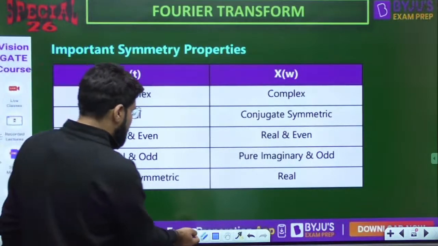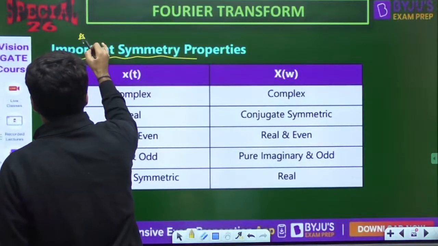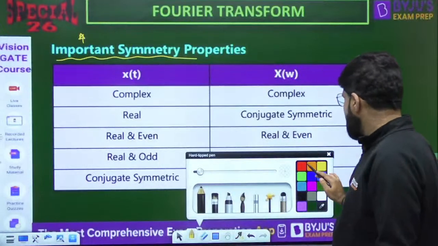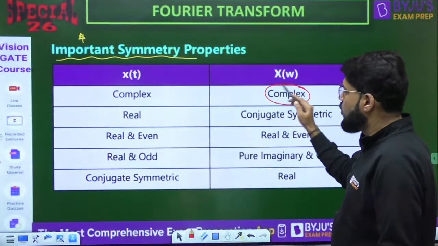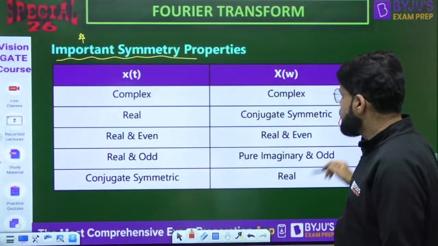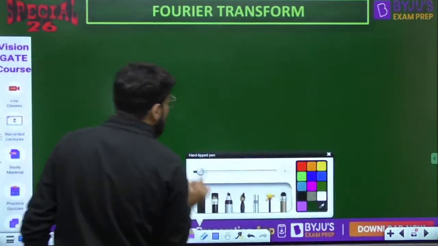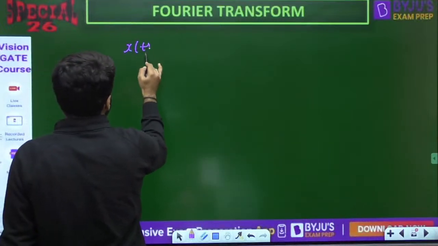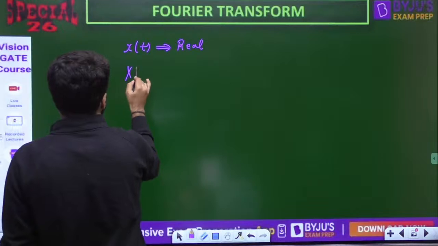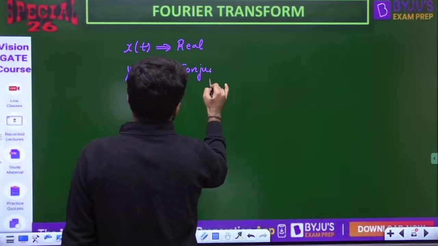Now very important, symmetry properties. It produces a lot of questions. If a signal is complex, in general its Fourier transform will also be complex, but if a signal is real, the Fourier transform will be conjugate symmetric. If a signal xt is a real signal, the Fourier transform x omega is said to be conjugate symmetric.